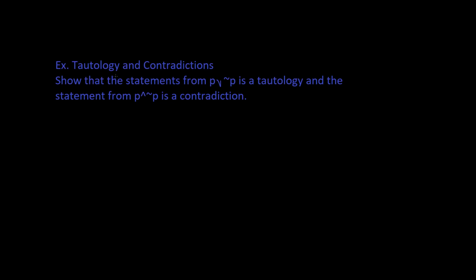Alright, so our example right here says tautology and contradictions. We're going to show that the statement form P or negation P is a tautology, and the statement form P and negation P is a contradiction.